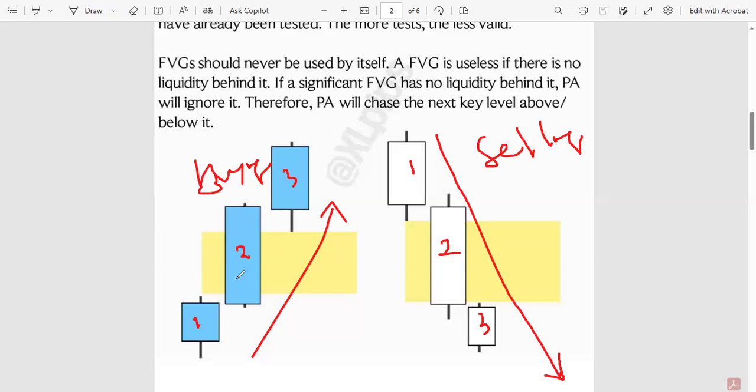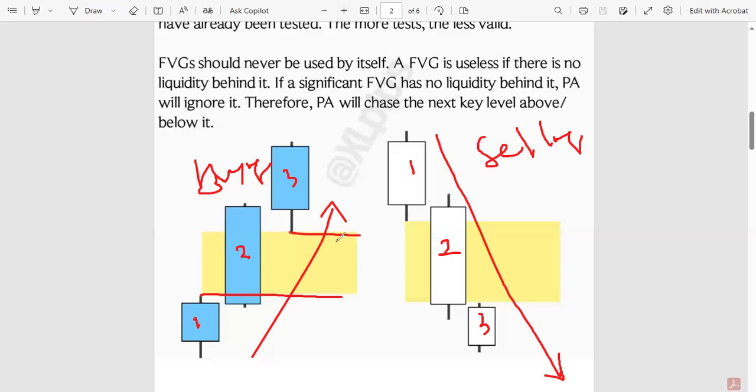For example, in this bullish move, you can see we have the bullish candles, and for a movement that goes higher, we always mark from the high of the first candle and on the low of the third candle. The second candle determines if there is any gap.